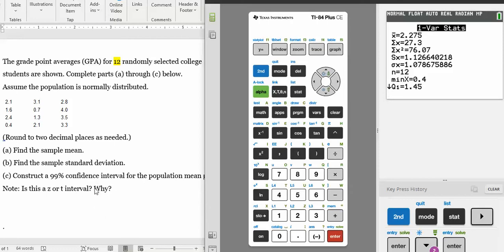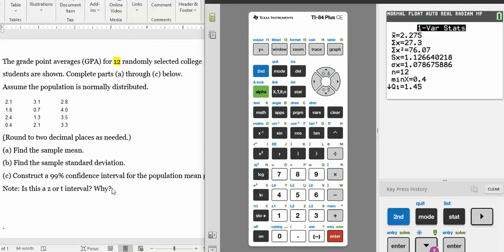In this one, it must be a T interval, not a Z. We talked about that earlier, the T interval is used when sigma is unknown. The question here did not give you any population standard deviation. This one gives you the sample. It said this is a sample here. And another thing is n is 12, less than 30, and sigma is unknown. So this is a T interval, okay?